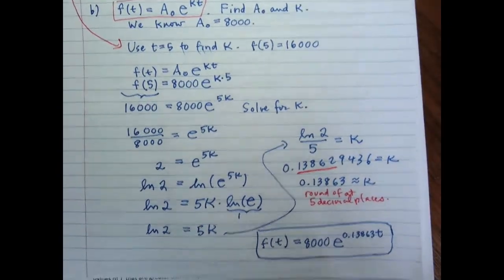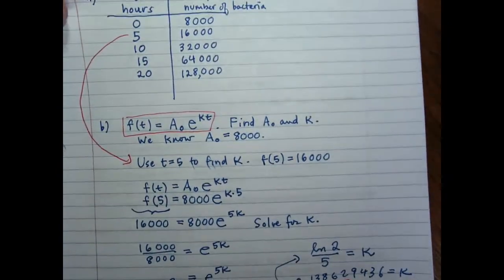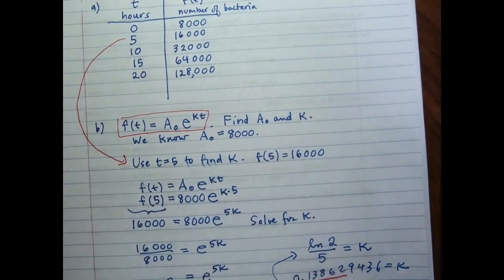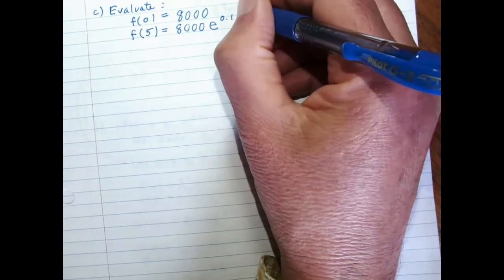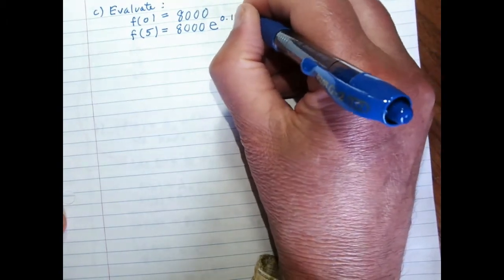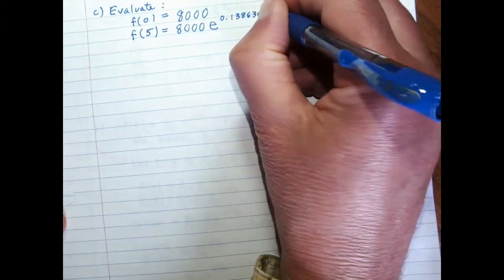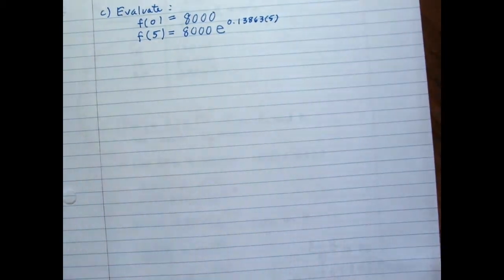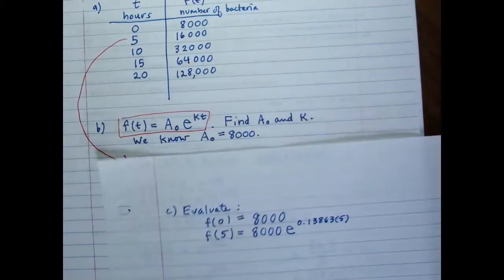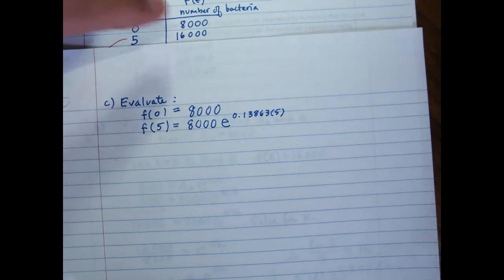Sorry, I got too many sheets of paper floating around. There's our function down at the bottom. 0.13863 times 5. And so we're thinking that should give me 16,000, right?